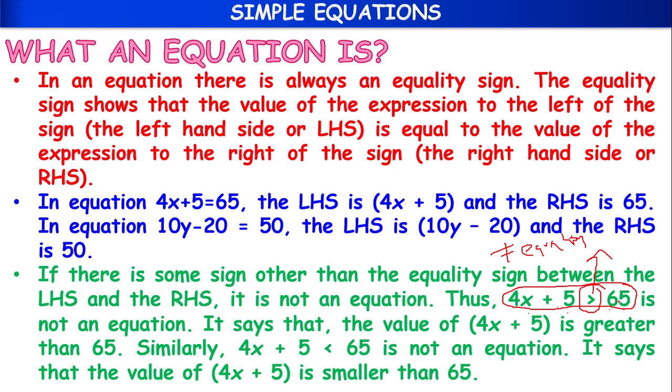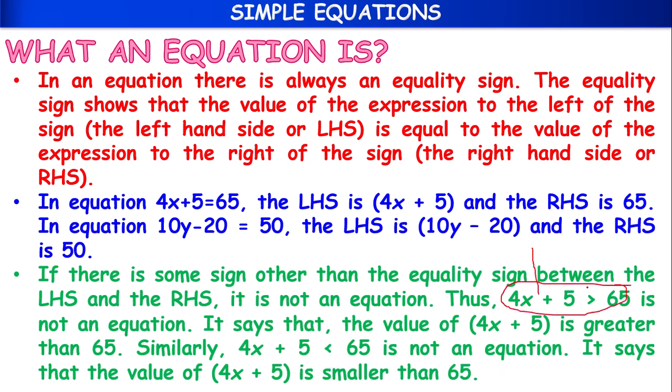The LHS and RHS are combined by a sign other than the equality sign, so it is not an equation. In the same way, 4x plus 5 less than 65 also is not an equation, because they are combined by less than, which is not an equality sign. What does this statement tell?